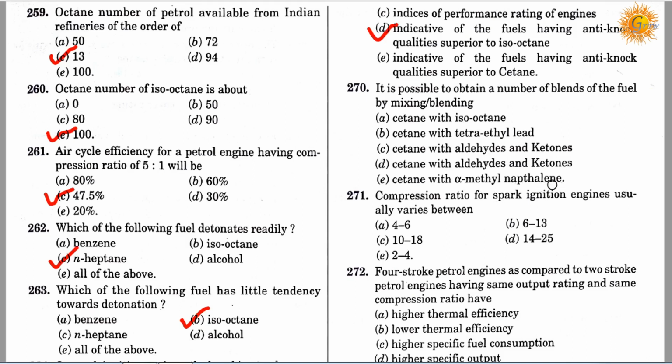So the correct answer is E. It's possible to obtain the number of blend of the fuels by mixing a blend of cetane with alpha methyl naphthalene.